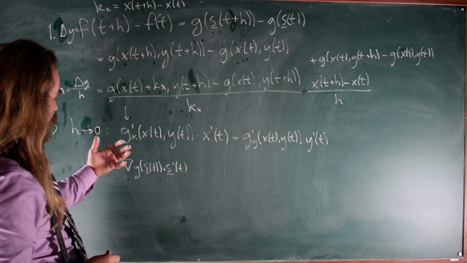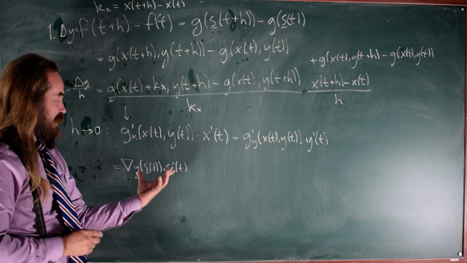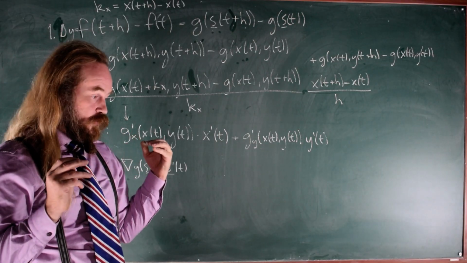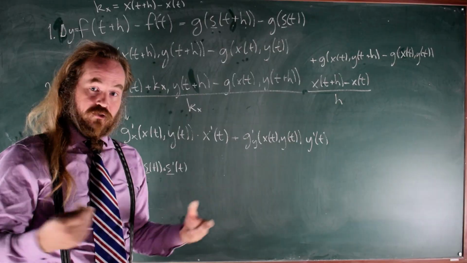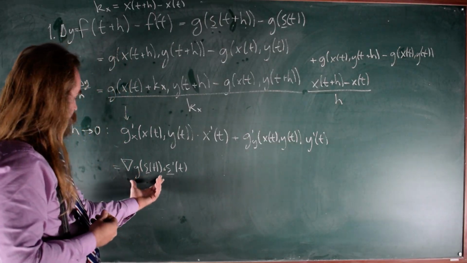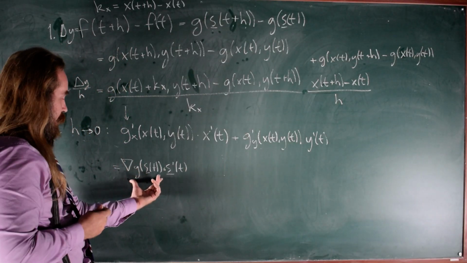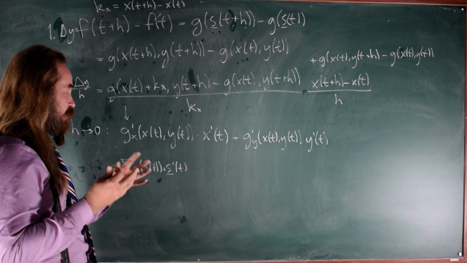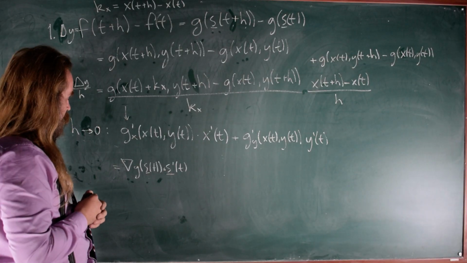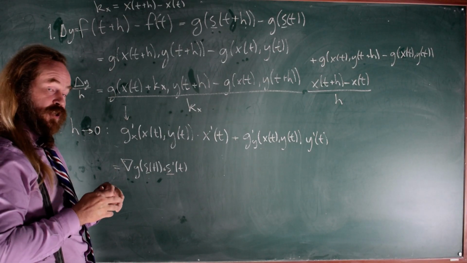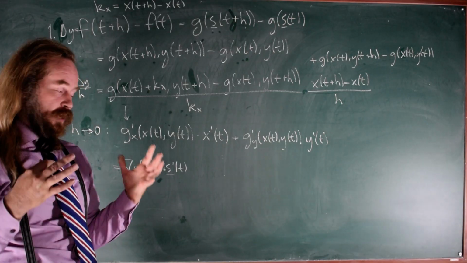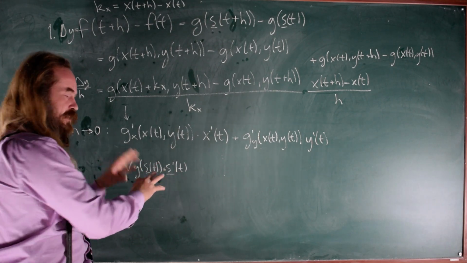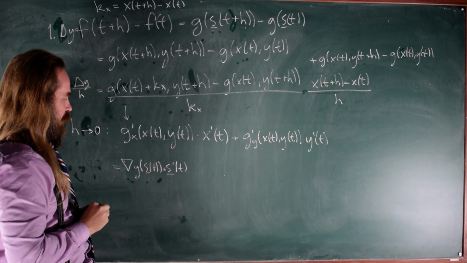To those that recognize this, this is completely analogous to the chain rule for normal one-dimensional functions. We take the outer function, we take its derivative, represented by the gradient here, and we take the scalar product with the inner function derivative. This is just a specific case of a very broad general rule for vector functions, where these become matrices and stuff like that, but you'll hear more about that at university.